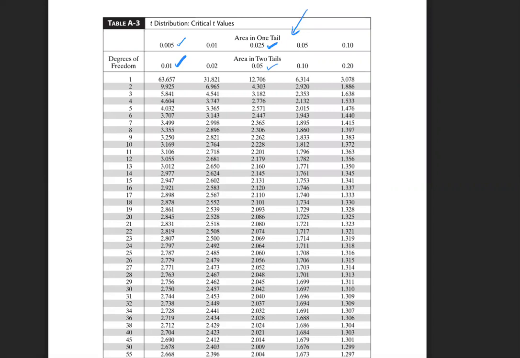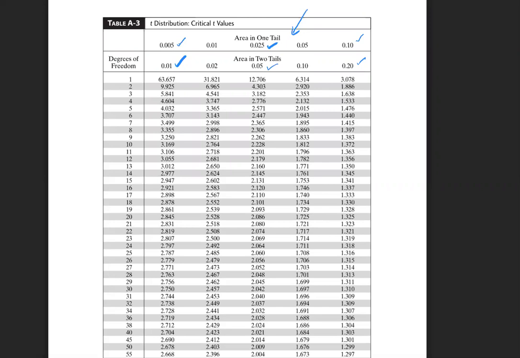So for that one, you'll be here. On the other hand, if you wanted 80% confidence level, area in one tail is going to be 0.1, and area in two tails is going to be 0.2. So depending on the total area in both tails and the confidence level that you're using, that's going to determine which column you're going to use.